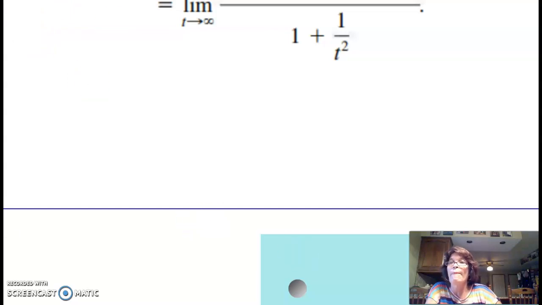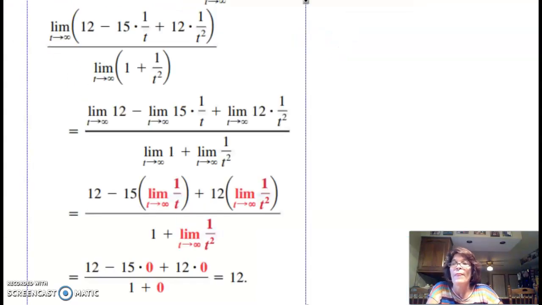So for example, we're going to take the limit as t approaches infinity of this, and the limit as t approaches infinity of that. That's what all those properties allow us to do. We can take it through there. So this gives me just 12, because anything that has a t on the bottom still disappears. And so the limit is 12.